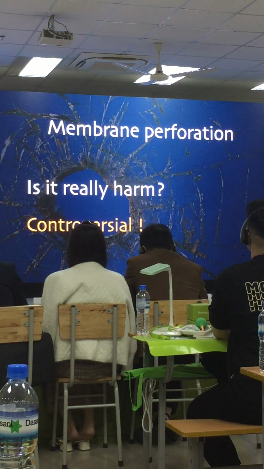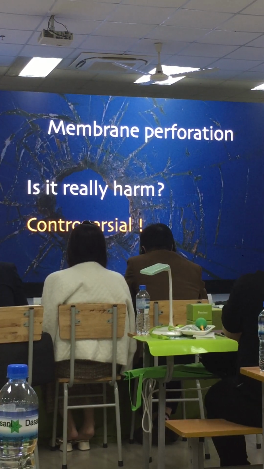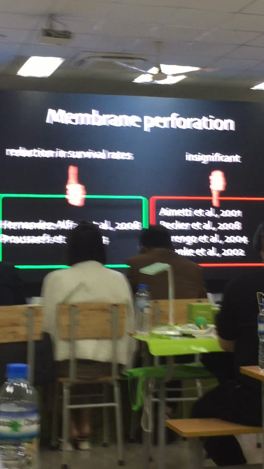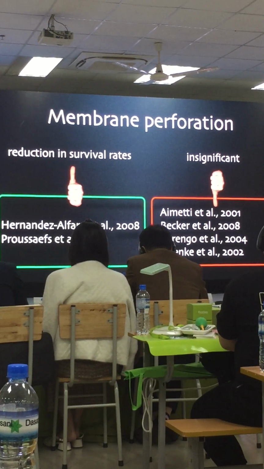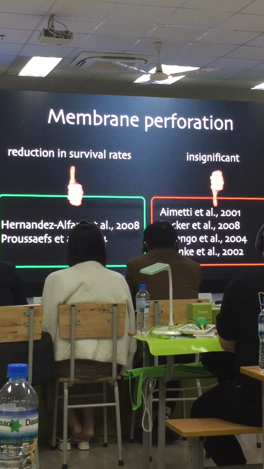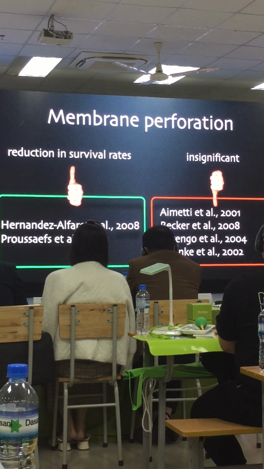There is controversy surrounding the effect of membrane perforation on the survival rates of implants. Contrasting opinions have been reported in papers where some claim that implant survival reduced with membrane perforation, and others claim no significant relationship exists between the two.